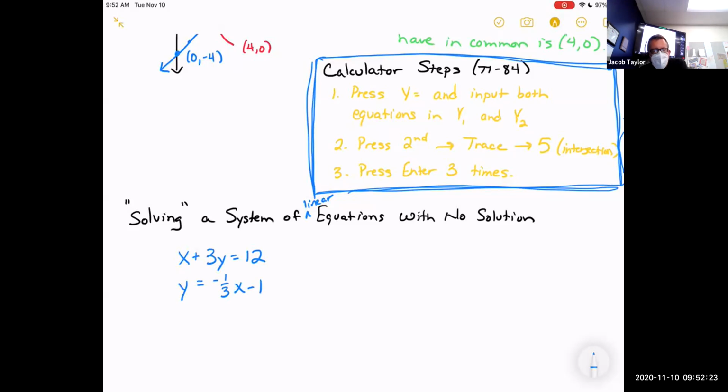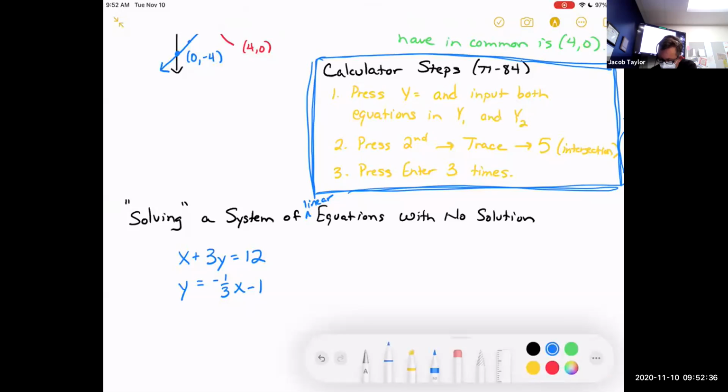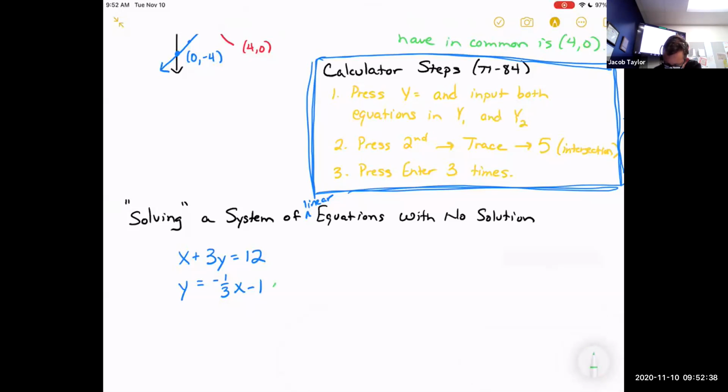Okay. So we, of course, are going to solve these by graphing because that's the only way I've shown you how to solve these so far. So we need to graph these, which means we need them in slope-intercept form. And again, we lucked out. We already have one that's already in slope-intercept form. That's the bottom one. It's already y = mx + b.